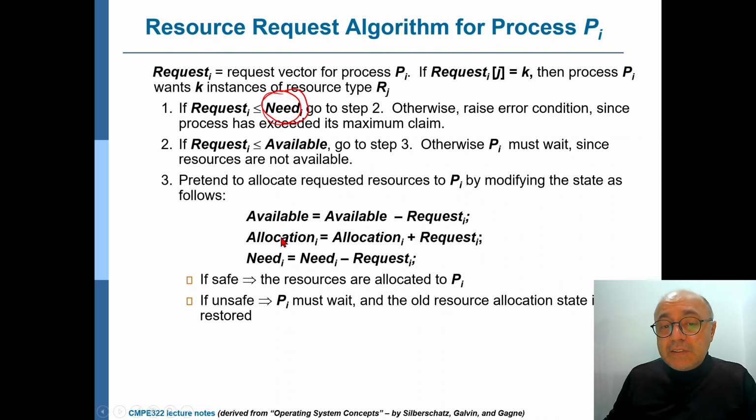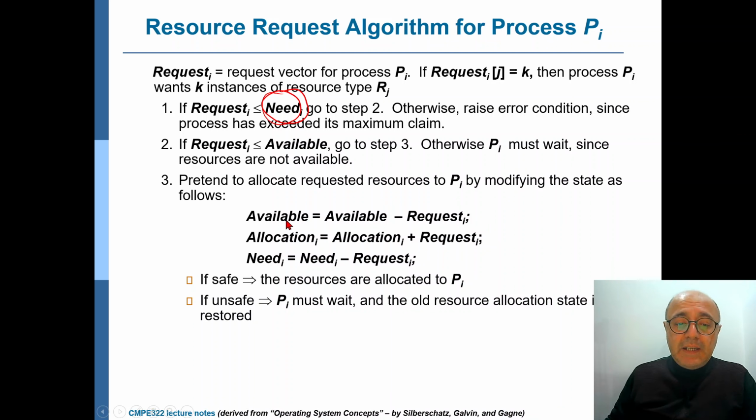So if it was accepted, I would be subtracting that request vector from the set of available resources, because the request is accepted, so the resources should be given to the process, and therefore increment that process's allocation vector by the request vector, and also subtract that request from the need vector, because since they're assigned, you cannot say it will need these in the future. It already got the resources.